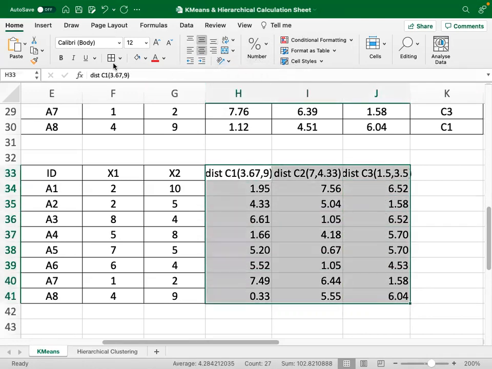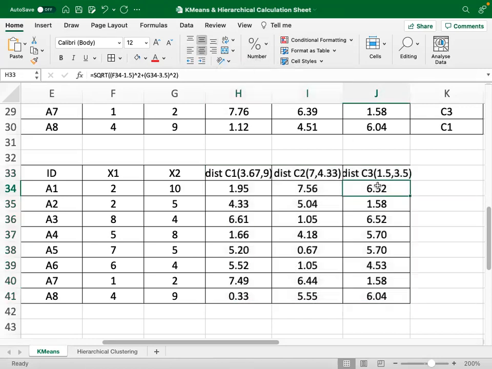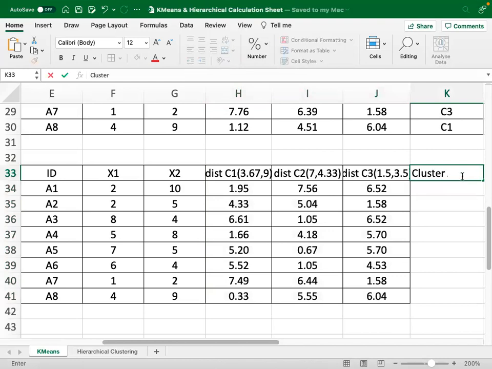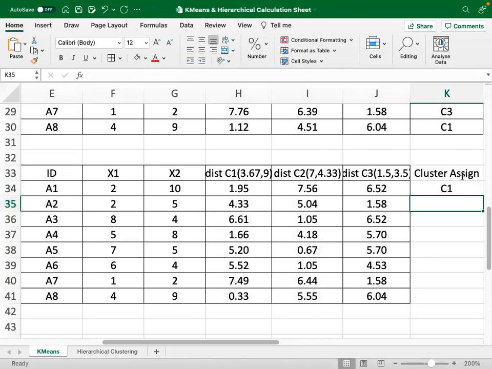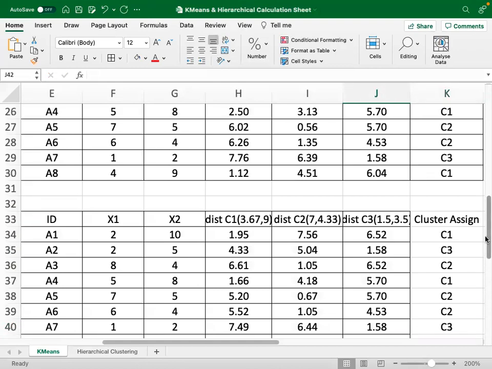You got the distances. Cluster assignment. This will be C1. This will be C3. It will be C2. This will be C1. This will be C2. C2. C3. C1. So there is no change.